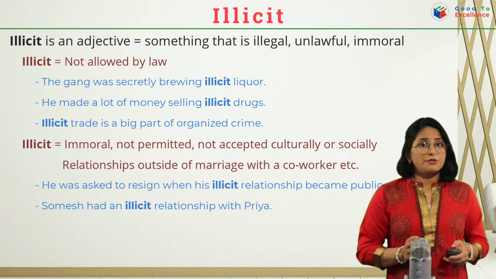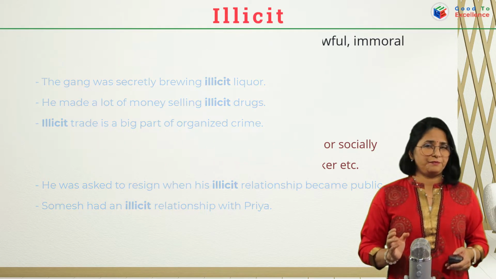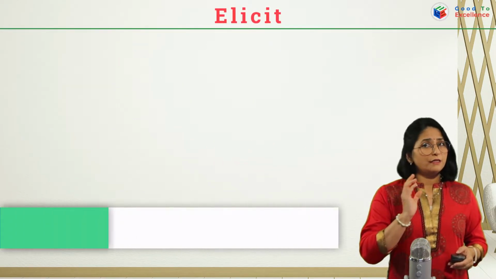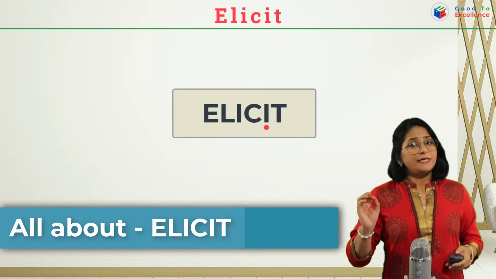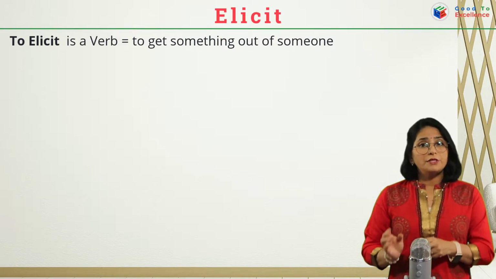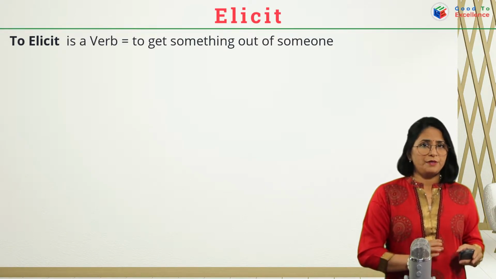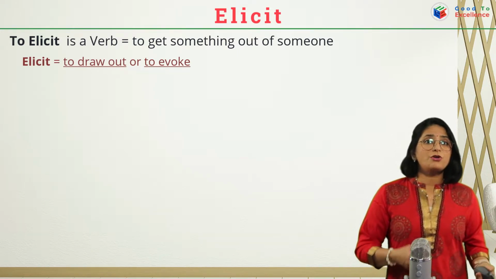So this was about illicit. Now look at the other word, that is elicit. To elicit is to get something out of someone. We may define elicit as to draw out or to evoke.